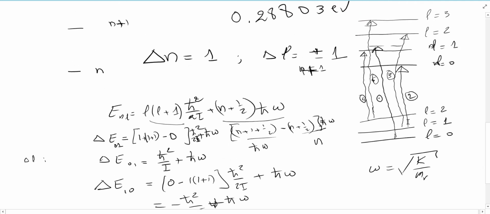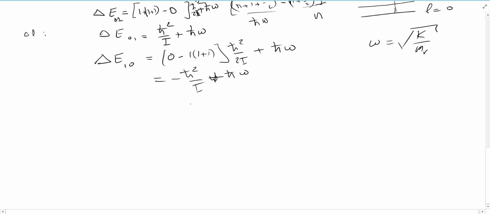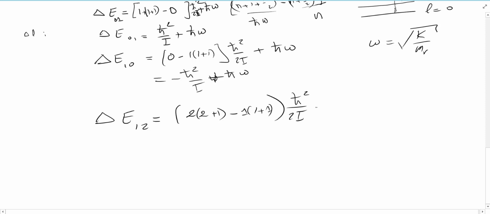The transition 3, from 1 to 2. Now it requires a little bit of calculation. The final one is 2, so ΔE from 1 to 2 will correspond to, again, the final one is 2 times 2 plus 1 minus 1 times 1 plus 1, the whole thing ħ squared over 2I plus ħω.